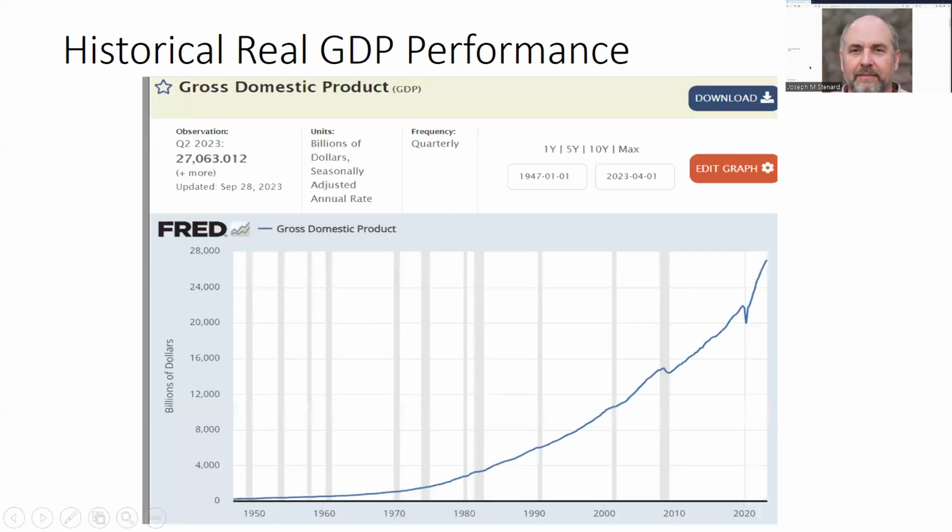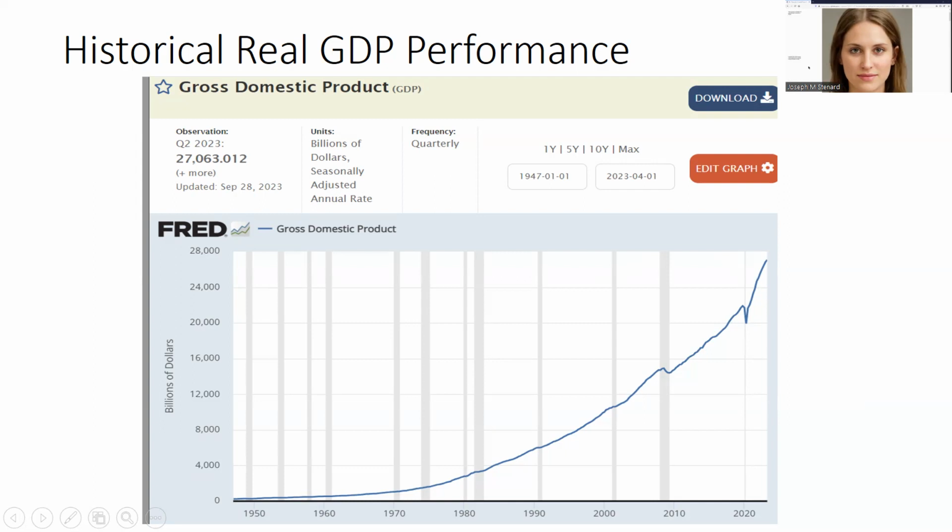Okay. This is a great screenshot from the FRED website. This is the Federal Reserve of St. Louis, and they showed gross domestic product, GDP, here as of the second quarter of 2023.